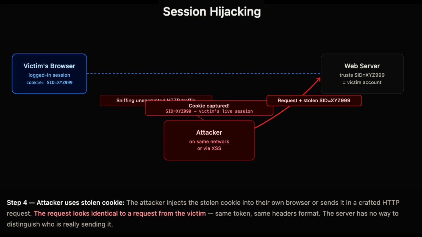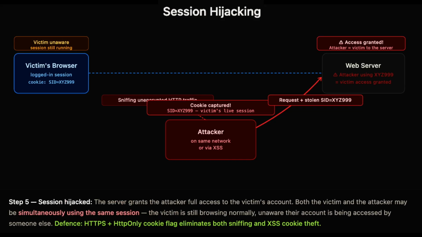The same token and the same header format. The server has no way to distinguish who is really sending it. The server grants the attacker full access to the victim's account. Both the victim and the attacker may be simultaneously using the same session. The victim is still browsing normally, unaware their account is being accessed by someone else.